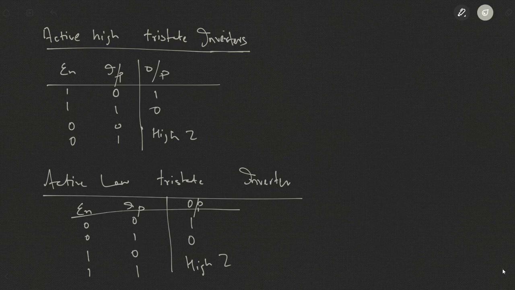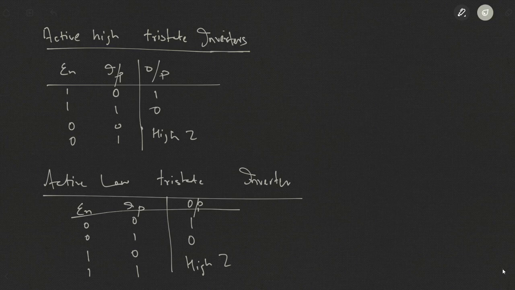Fine. It can be an active high state inverter or an active low state inverter. Similarly, it can be an active high state buffer or an active low state buffer. In either case, for example in active high state, the low state will actually result in high impedance corresponding to the input values.